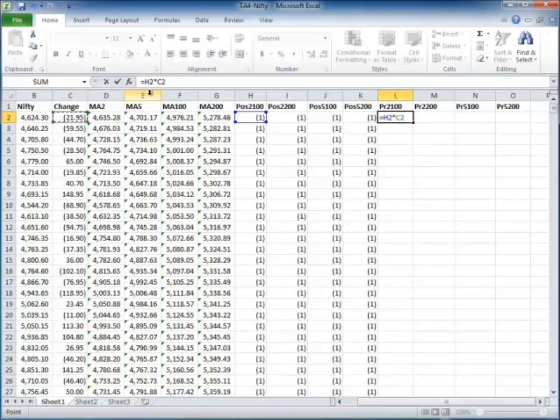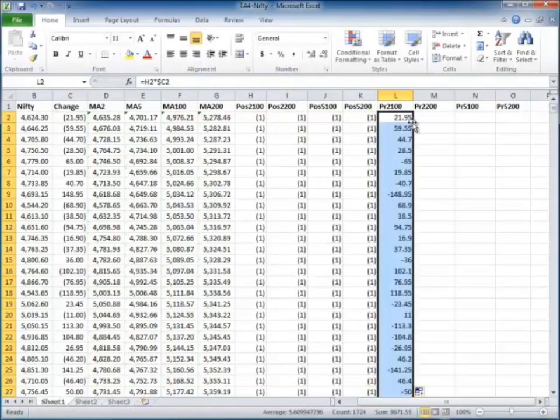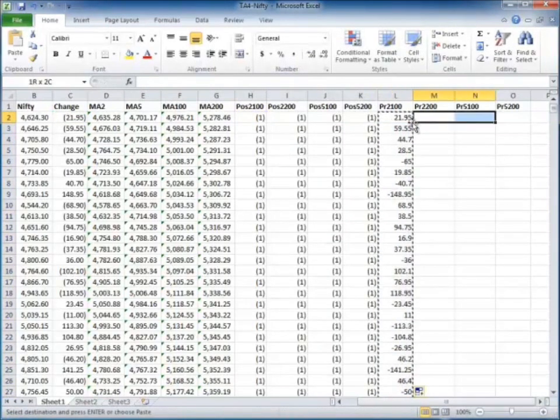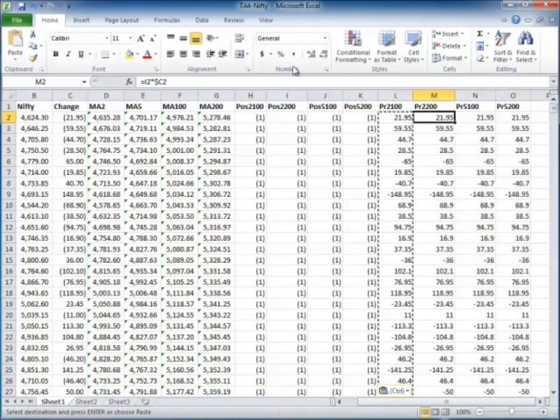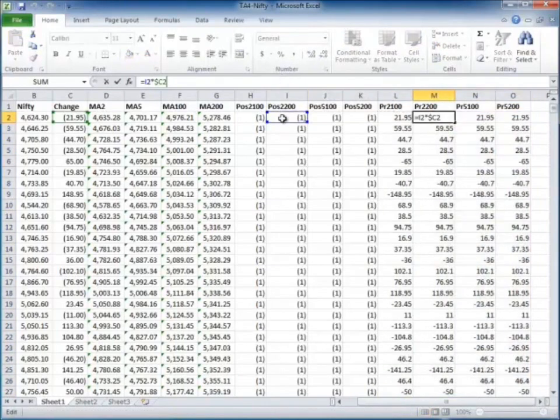Now I can put a $ sign in front of the C. This will allow me to copy it across to here as well. Alright, so now this, for example, is this position times the change. Okay, so here we can see the profit per day for each of these strategies.